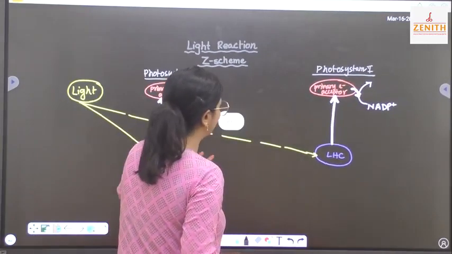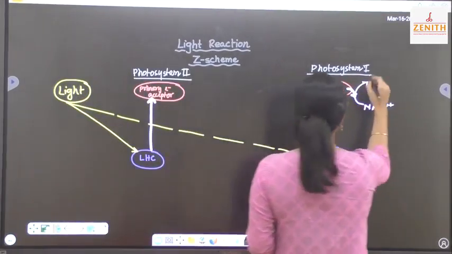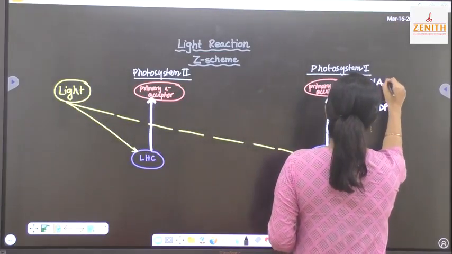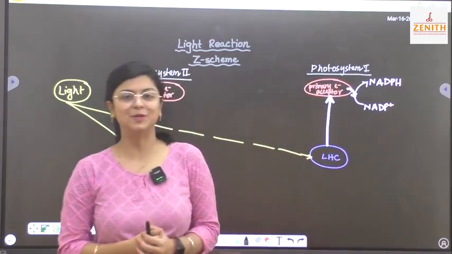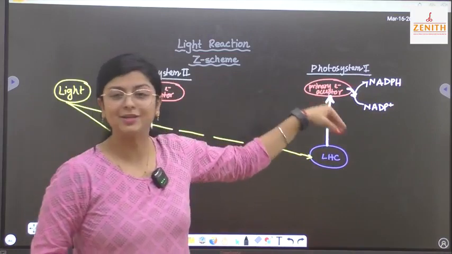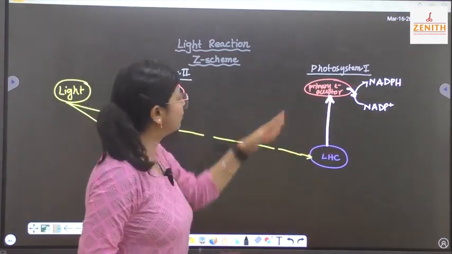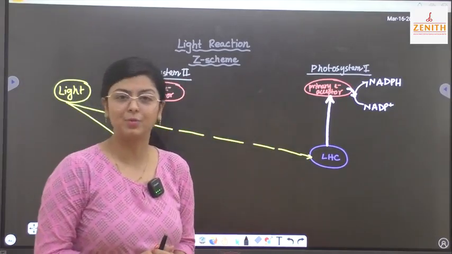So NADP plus will be associated with this electron, and it will be converted into NADPH plus H plus. In this way we see that NADP is reduced with the help of the electron which is present in the primary electron acceptor of photosystem 1.